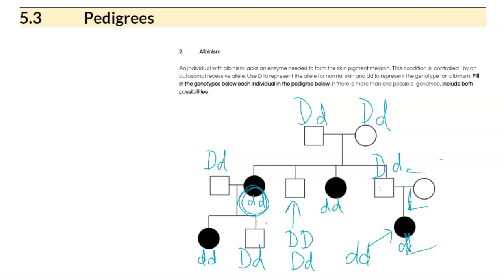All mom has are the little d, the recessive allele, to contribute to that genotype. So that individual has to be heterozygous for the trait. I hope that made sense. And even if you got it wrong, I hope that me going over it makes sense to you. If not, feel free to reach out for some additional clarification, and I'll be happy to go through it with you additionally.